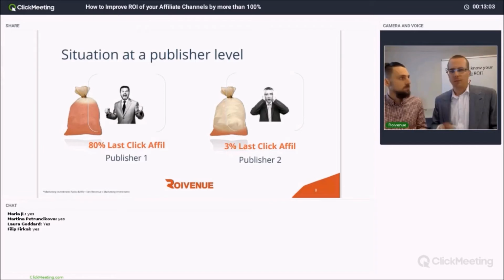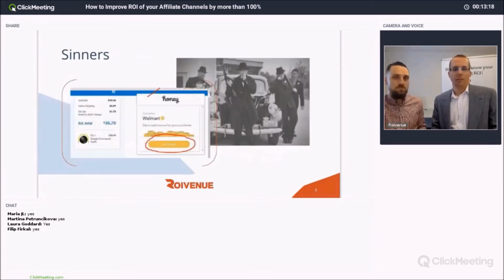Yes, and that's where we started looking at these publishers, and we decided that we need not only to play with those variables within the affiliate as a whole, but also to look at them individually. Of course, you can eliminate some obvious sinners. Within our affiliate, it was two cases. One was cashback programs, because at the end they effectively change your retail price.